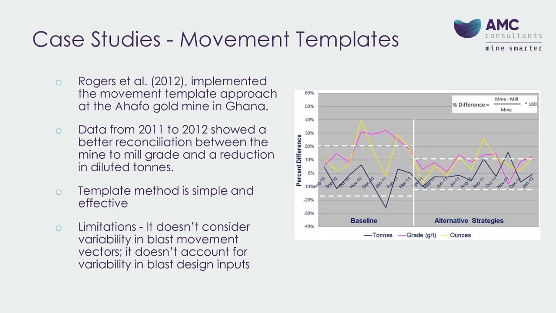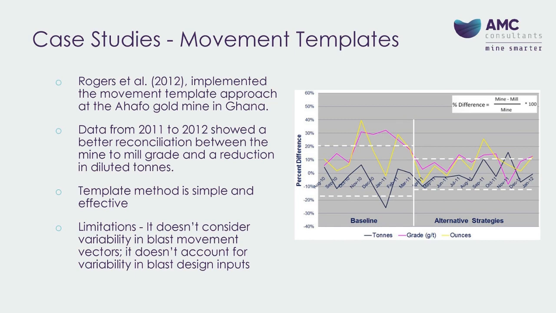I myself conducted a study in 2012 at the Ahafo Gold Mine in Ghana, whereby we found after introducing this template method, we were able to show a better reconciliation between the mine to mill grade and a significant reduction in diluted tonnes for a good part of a year after this method was introduced.